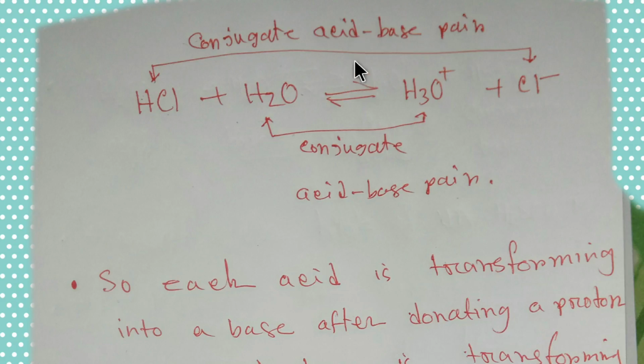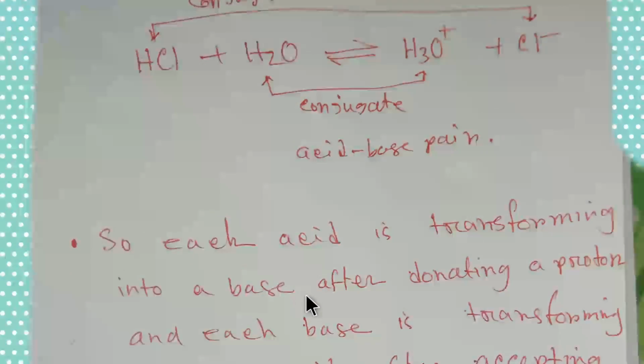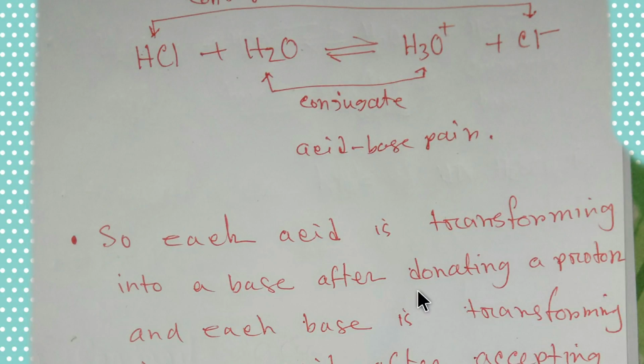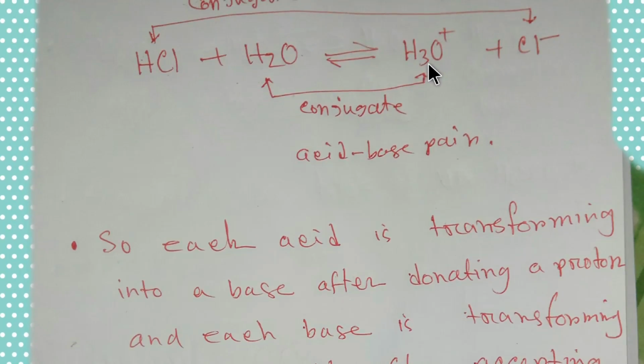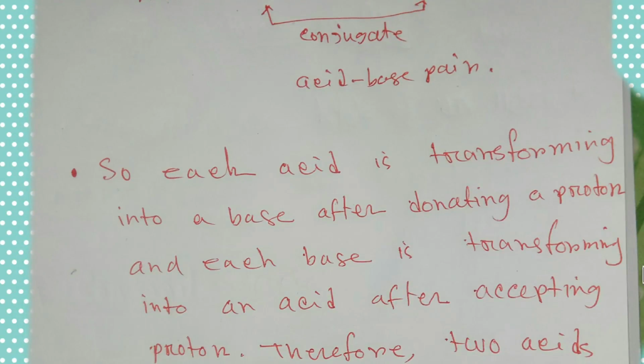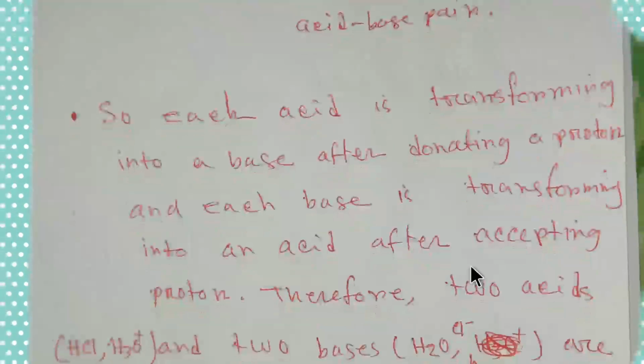Each acid is transforming into a base after donating a proton, like HCl becoming Cl minus, and each base, here water, is transforming into an acid. From water we are getting hydronium ion, right?